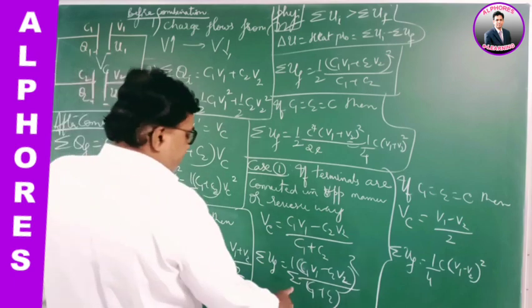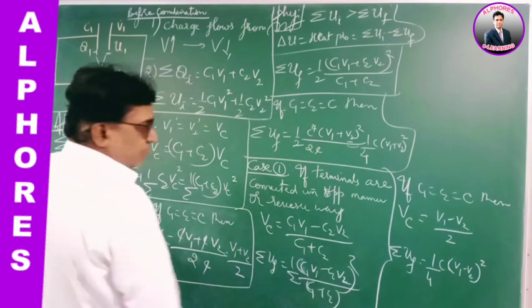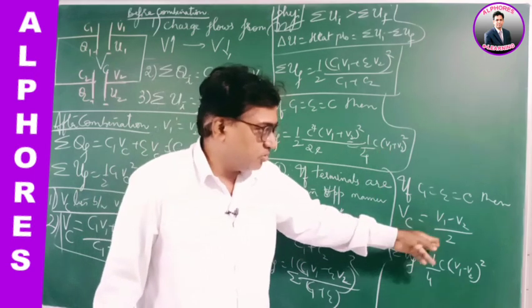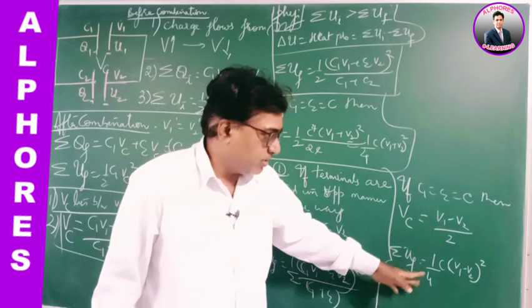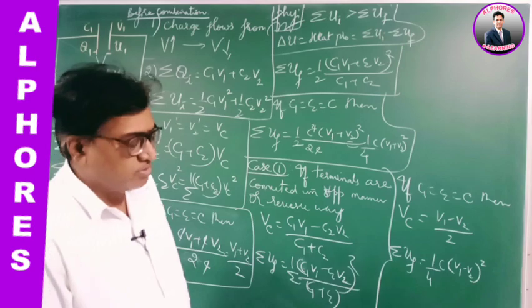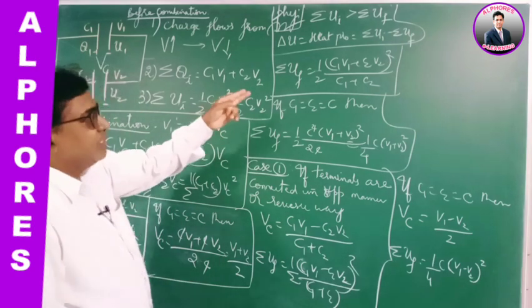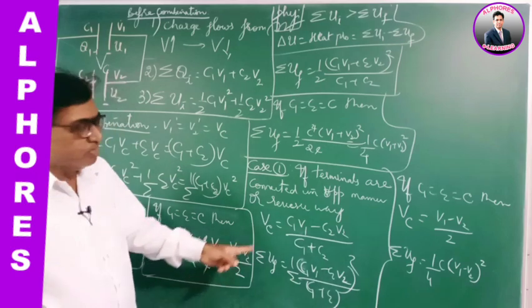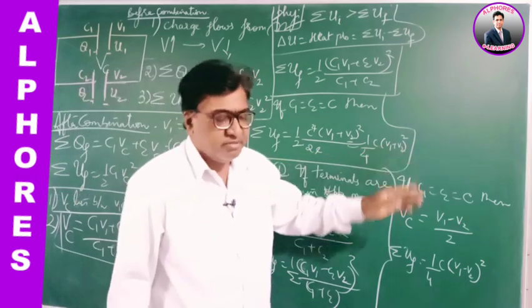The energy becomes half of (C1 V1 minus C2 V2) whole square by (C1 + C2). Again, if the capacitors are equal, the common potential is (V1 minus V2) by 2 and total energy is 1 by 4 C (V1 minus V2) whole square. Again, if the capacitors are equal in the first case, the common potential is (V1 + V2) by 2 and the energy is 1 by 4 C (V1 + V2) whole square.